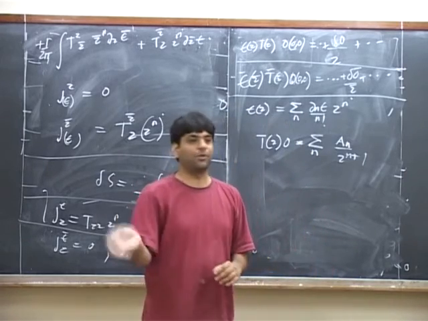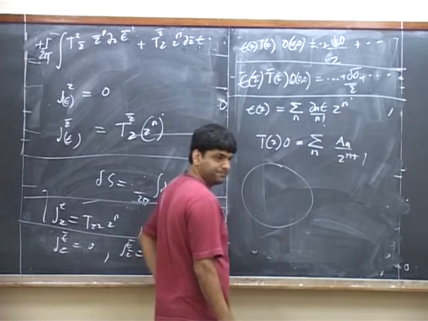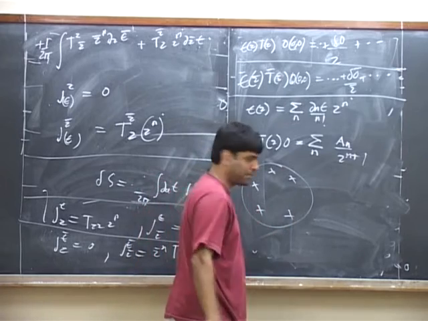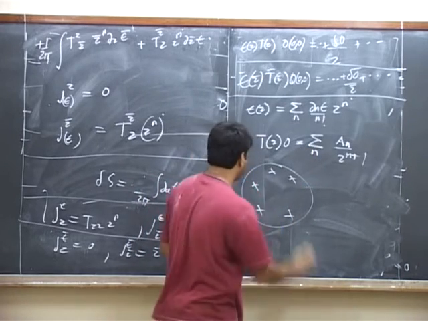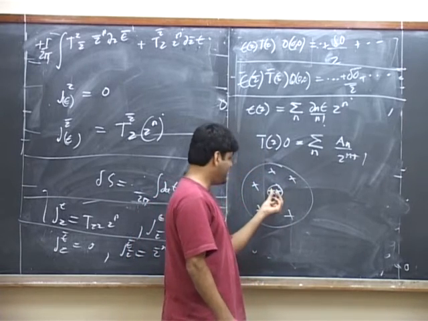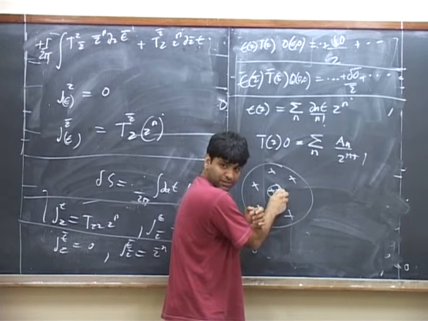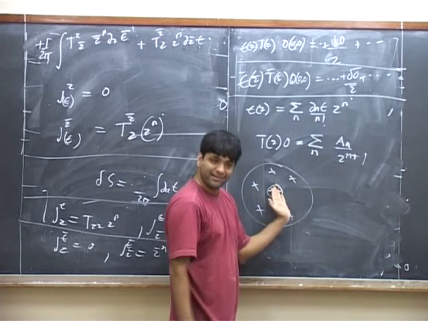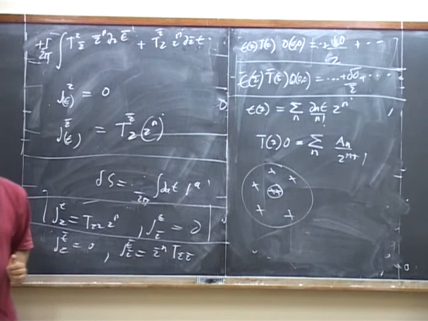It's a remarkable property of quantum field theory that if you have some operators inserted far away, we'll see what far away means next, and you've got two operators nearby, then the dependence of this correlation function on the distance between these two operators is independent of what other operators you have inserted in your correlator.